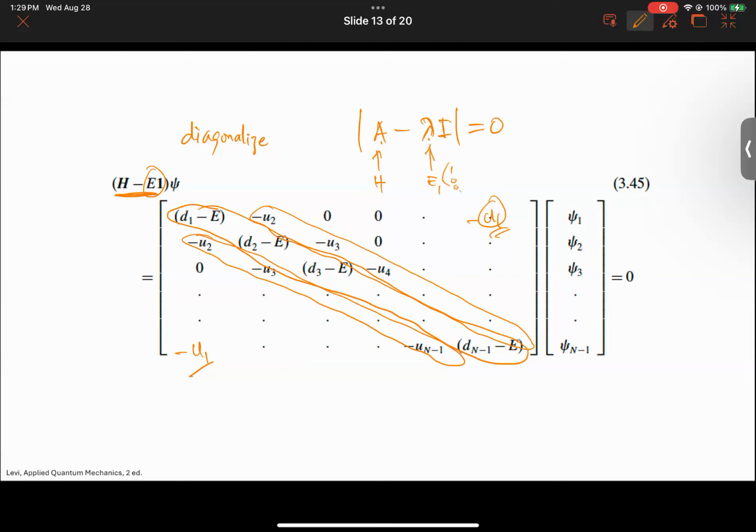So just take the determinant of this, then you perform the diagonalization. So that's the numerical method here. In MATLAB, I think the function to diagonalize is called diag.